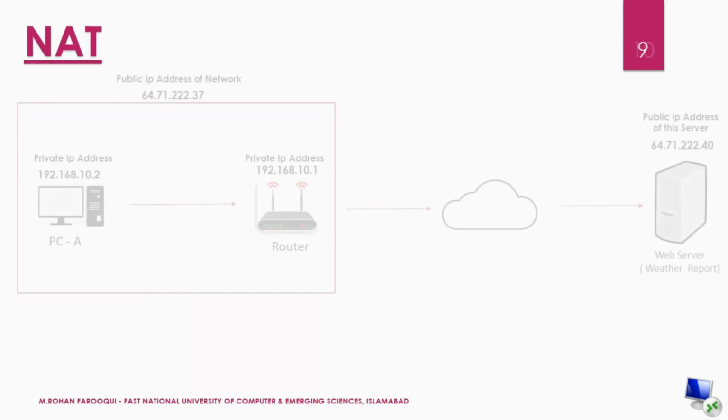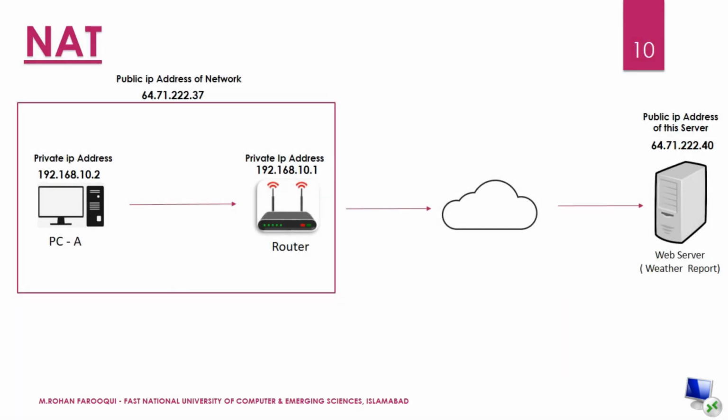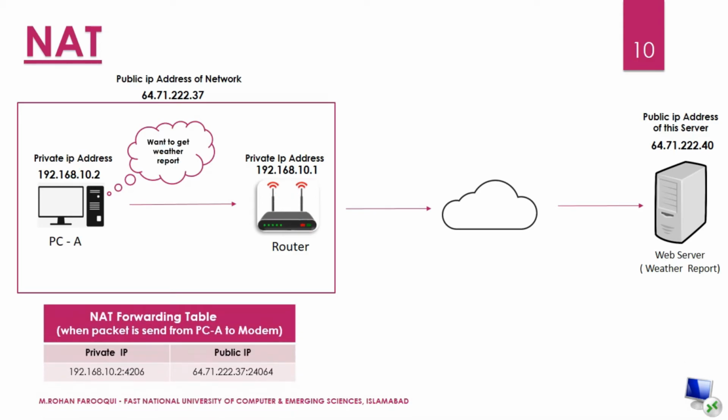Now to understand how NAT works, let's consider this scenario. Consider this PC A connected to a router, and the router is connected to the internet, and on the other end of the internet there is a web server. Let's say that PC A needs a weather report. What will happen? PC A will send a packet to the router, and in the router there is a table known as the NAT forwarding table.